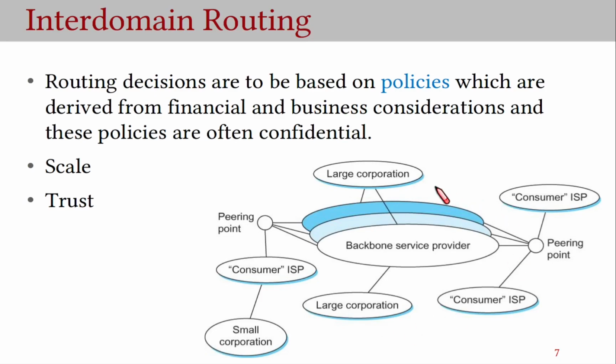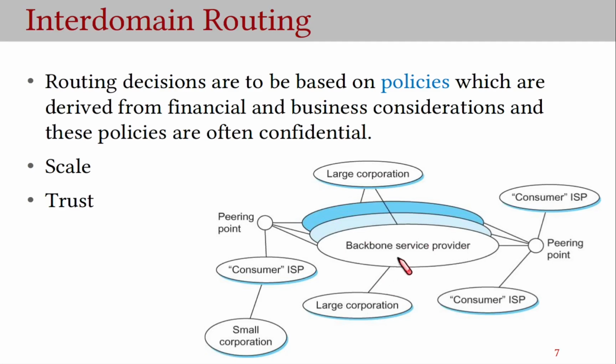Consider this diagram. It shows several autonomous systems, several ISPs. There's one here, another one here, another one there. And then there is this small corporation, another autonomous system, this large corporation, another large corporation. And then there are some autonomous systems that are backbone service providers.